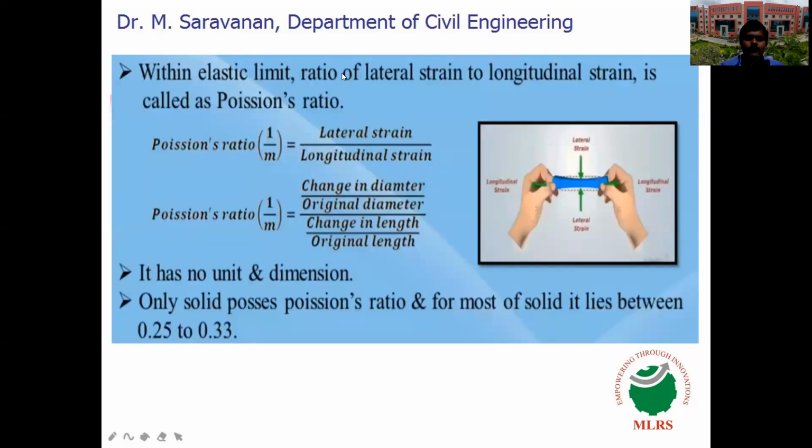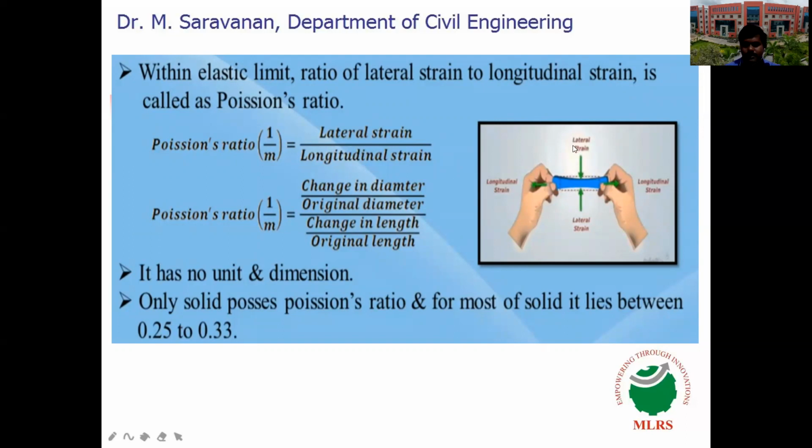Within the elastic limit, the ratio of the lateral strain to the longitudinal strain is called the Poisson ratio. The Poisson ratio 1 by m is equal to lateral strain by longitudinal strain. Lateral strain means strain in the lateral dimension, like the diameter.